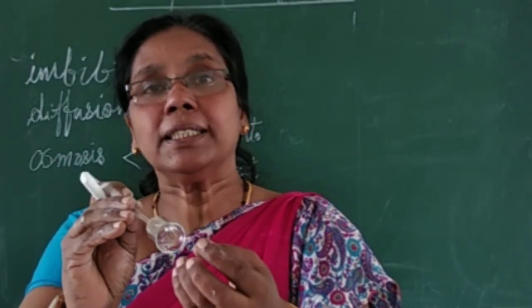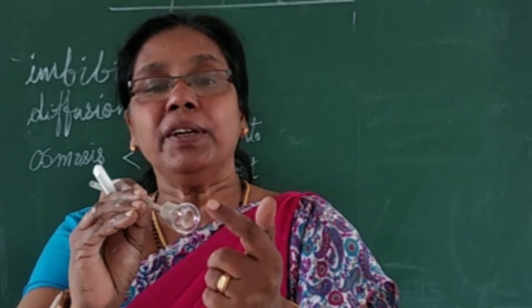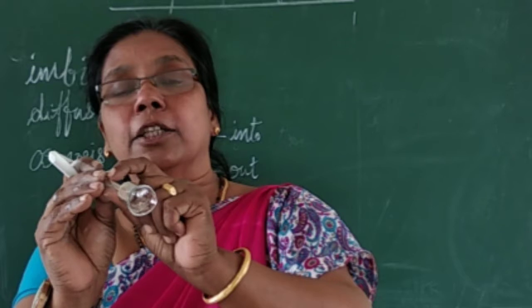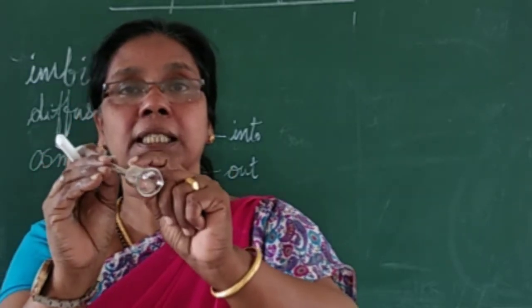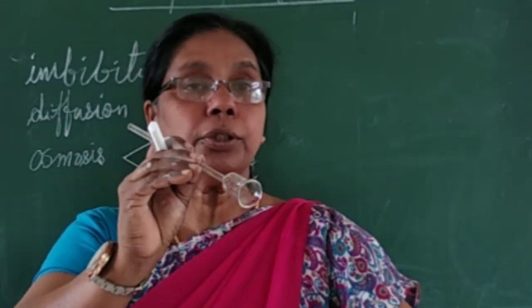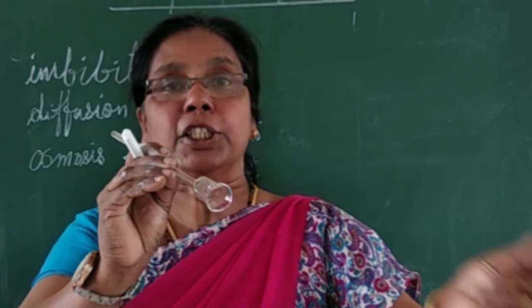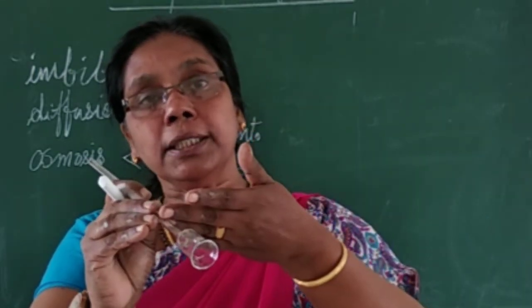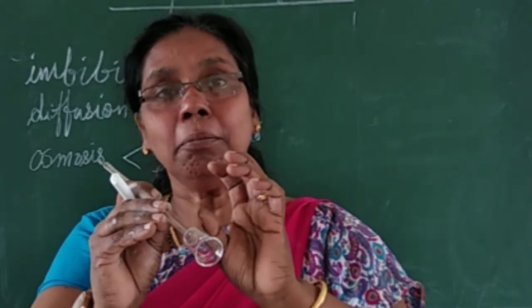So easily you can see that when we tie this muslin cloth, the sugar solution from this thistle funnel will go into the water present in the beaker, or water may enter into this thistle funnel, as it contains many pores.